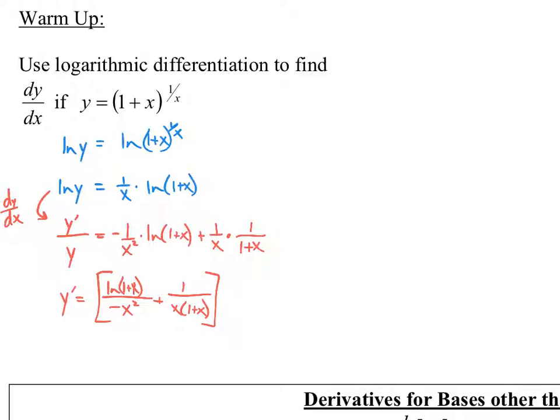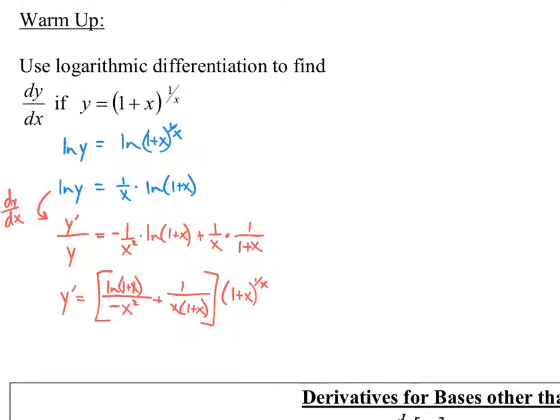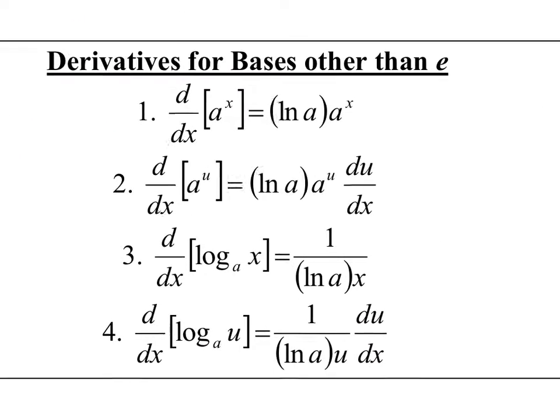Well, the y was (1 plus x) to the 1 over x power. And there's our derivative. Depending on what we want to do with it, we may simplify in other ways, but there we go. Okay? It's a little bit of warm-up, getting our minds going with that.